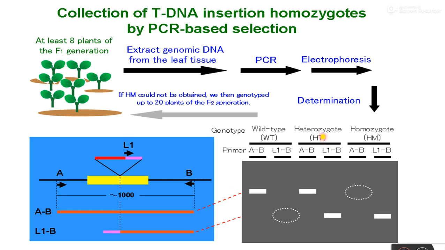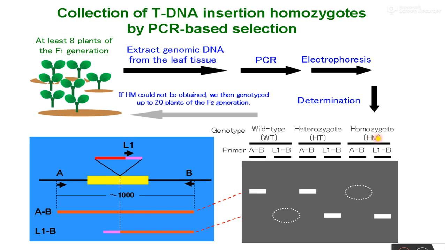So if from the genomic DNA extracted from a particular plant, by using these two pairs of primers, we are getting two bands, one band resembles the wild type lines and another band resembles the length of L1 to B, where L1 is the region present in the tDNA inserted with the A to B, then we can say that yes, these plants are heterozygous mutant lines.